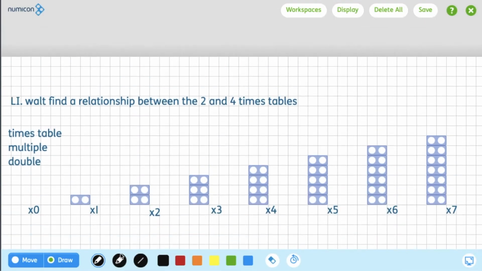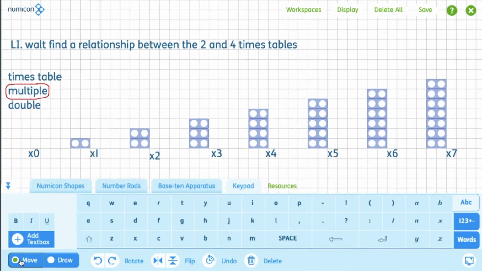All right, so a multiple is described as a number that you get when you multiply something by something else. So when we're talking about multiples of 2, our first multiple of 2 is actually just 2. So if I have 1 2, I have 2.